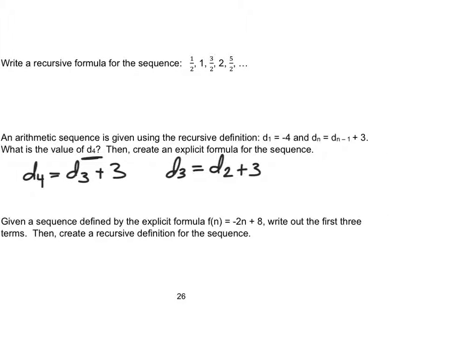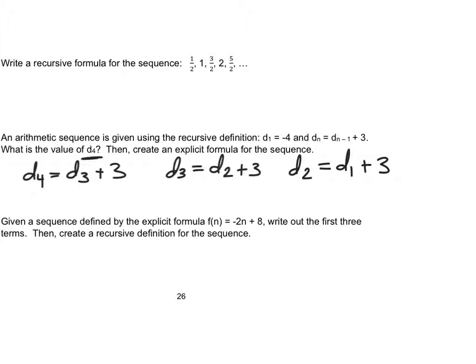And in turn, D2 is equal to D1 plus 3. It's for this kind of problem where maybe you do want to go to the calculator, but you don't really need to, because you're just working backwards to figure out what the progression is. You know what the relation is. You could just count, but you can see how, if it's the 75th value, this could be problematic. You don't want to do that.